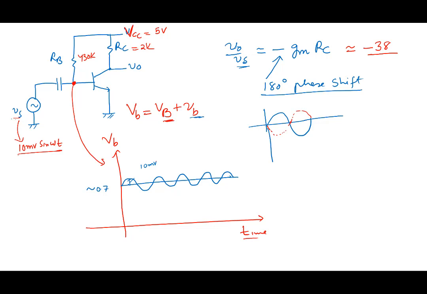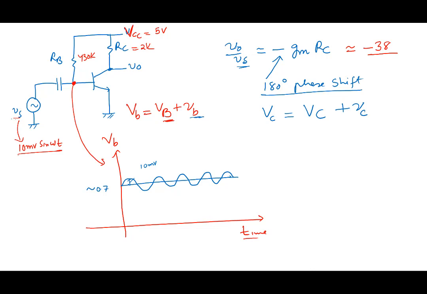Now, similarly, if I were to plot at the output, note that the net collector voltage, Vc, will also have a DC value, capital VC, plus a small signal collector voltage, which is nothing but same as V0.